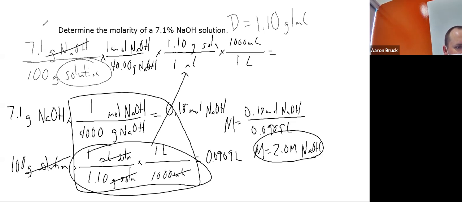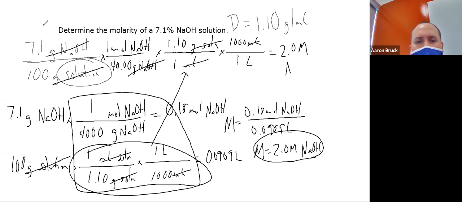Everything cancels other than moles of sodium hydroxide in the numerator, liters in the denominator. 7.1 times 1.10 times 1,000 divided by 100 divided by 40, to two significant figures, would still be 2.0 molar sodium hydroxide.